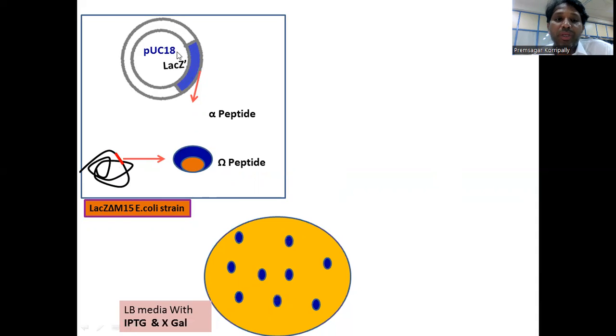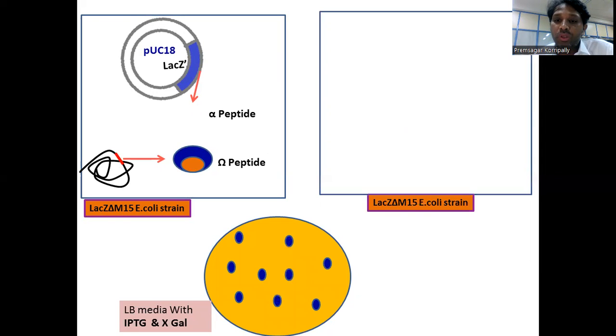But this is all because the vector is self-ligated or undigested vector. If you clone your gene of interest into the LacZ region through the MCS, multiple cloning site, what will happen? We'll see. So whenever your E. coli strain is transformed with the vector plus insert construct, what will happen?